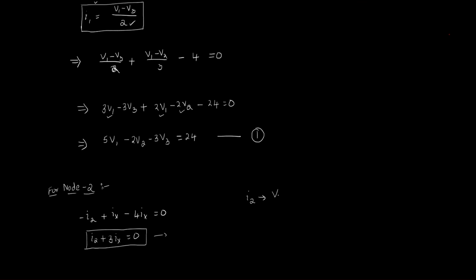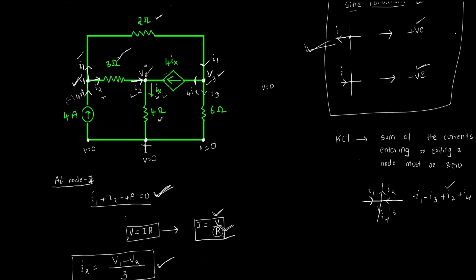So I2 will be (V1 minus V2) by 3, and the value of the current Ix will be (V2 minus 0) by 4, as we know that V2 is at higher potential than V0.